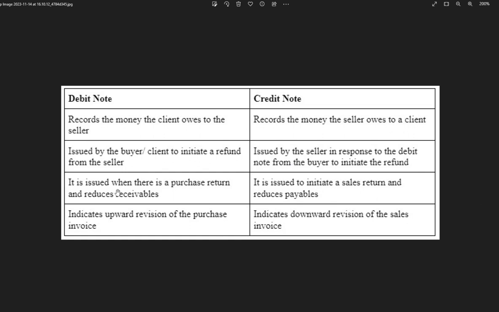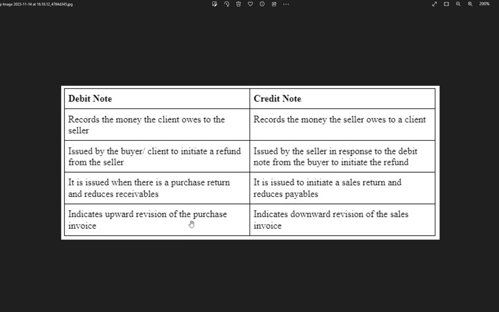Okay. Debit note is issued when there is a purchase return, and reduces the payables. Credit note is issued to initiate a sales return, and reduces the receivables. Debit note indicates upward revision of the purchase. Credit note indicates downward revision of the sales.